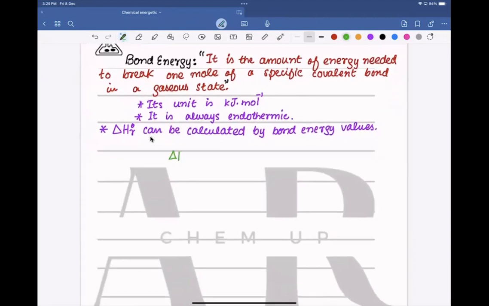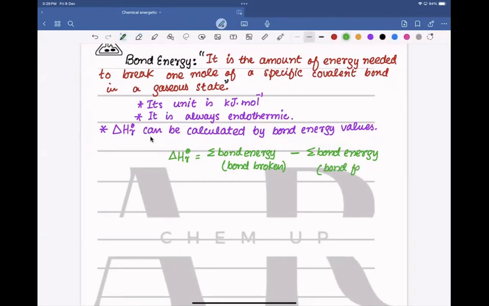We use this expression: you have to take the sum of bond energy for those bonds which are breaking down during the reaction, and then minus the sum of bond energy for those bonds which are formed during the reaction.